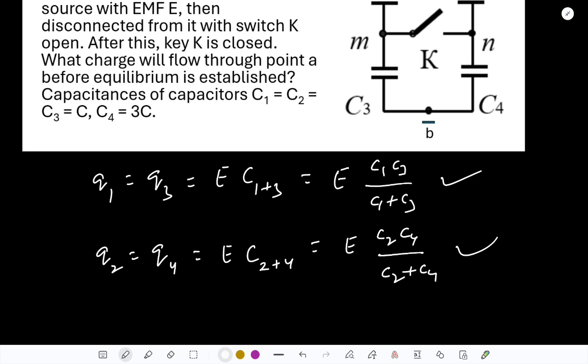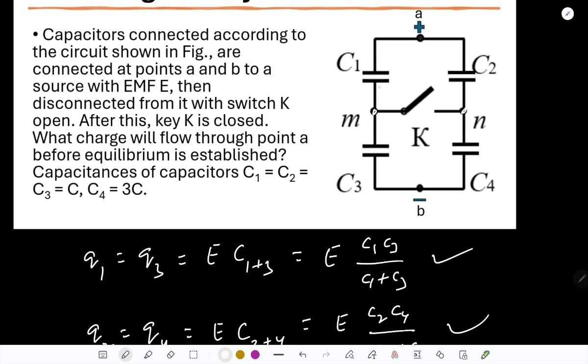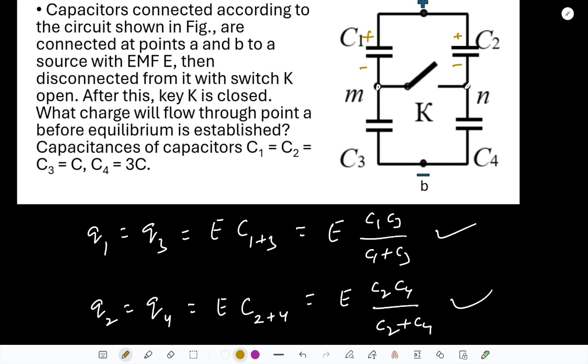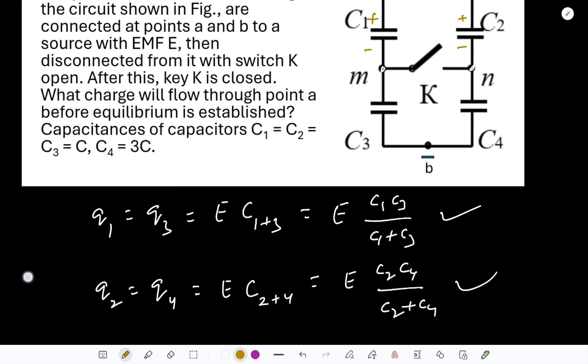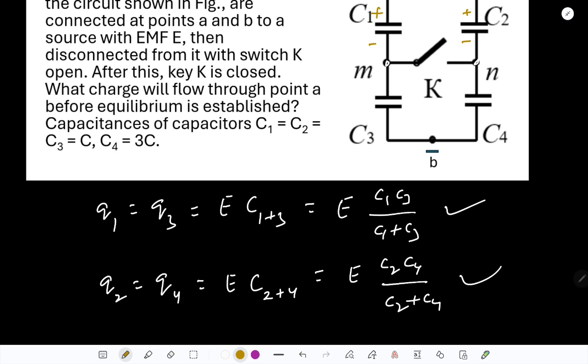Right now, when the switch K is still open, the potential difference between points M and N is equal to, since this plate is positive and this is negative, this is positive and this is negative, the potential difference between points M and N. I am starting at M, and then I am moving from lower to higher potential.